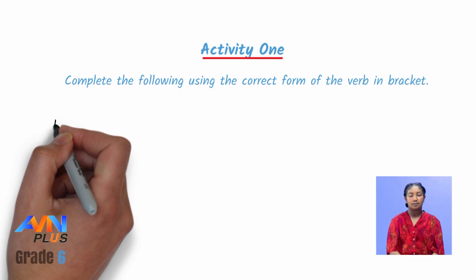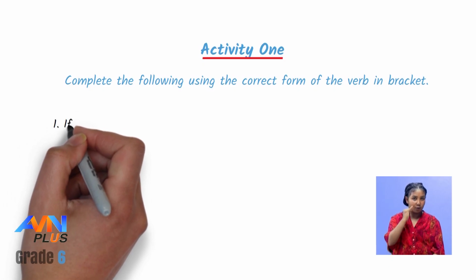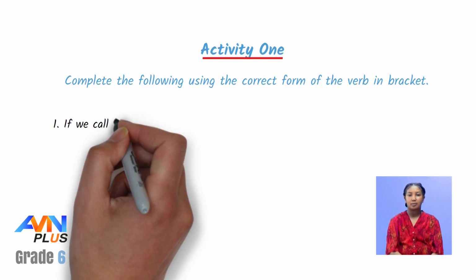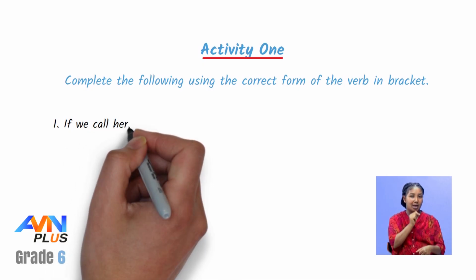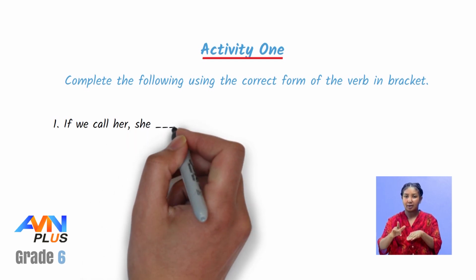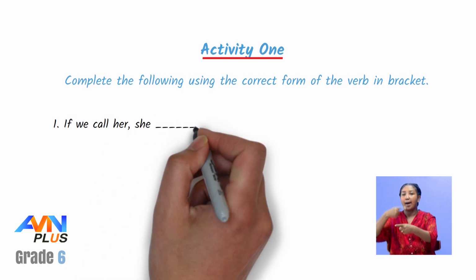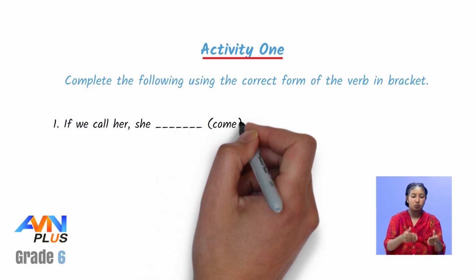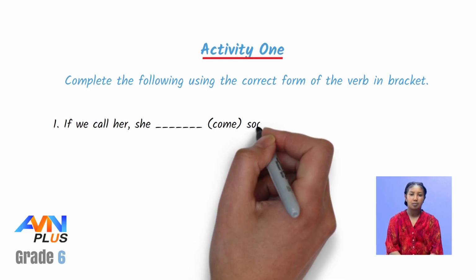The first one: if we call her, she blank, the given verb is come. She come soon. All right?